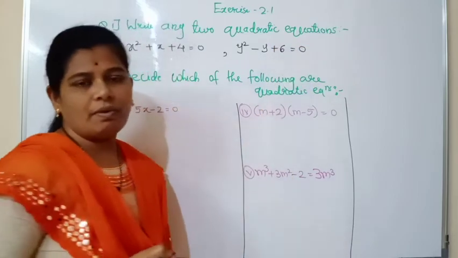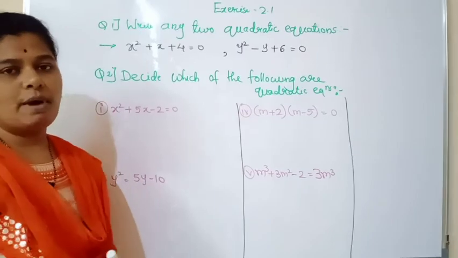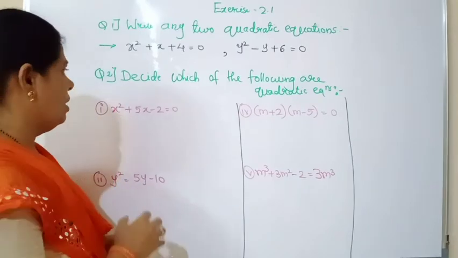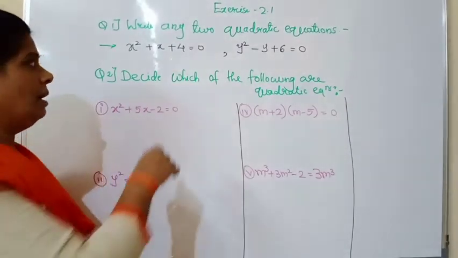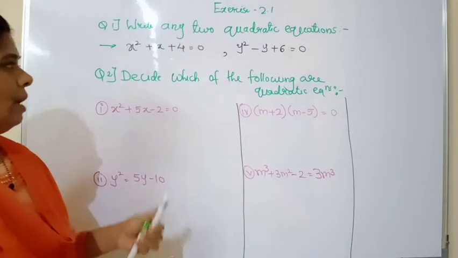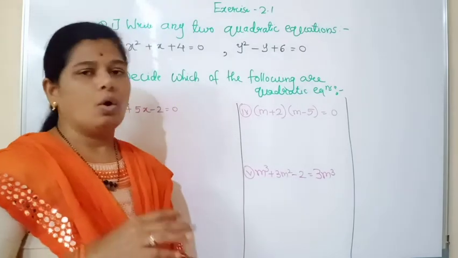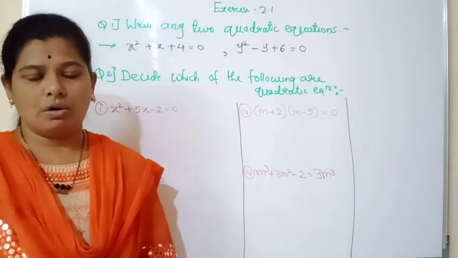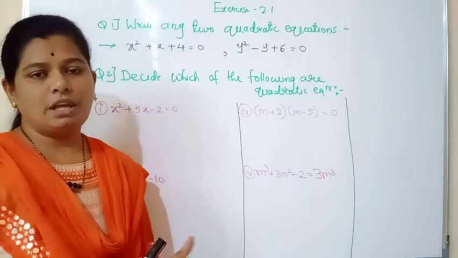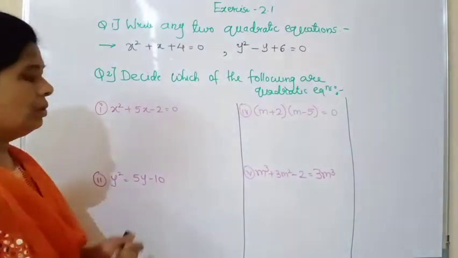So in this way we can write the equations by using a single variable but with degree 2. Now next is to decide whether the following equations are quadratic equations or not. So we will go through it.